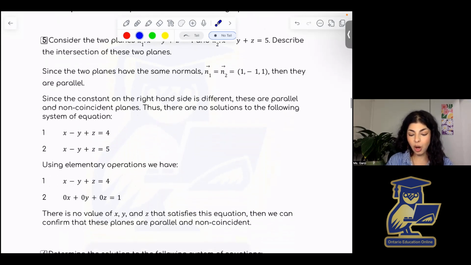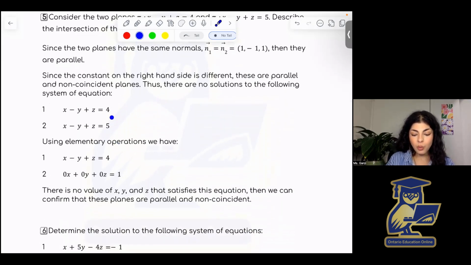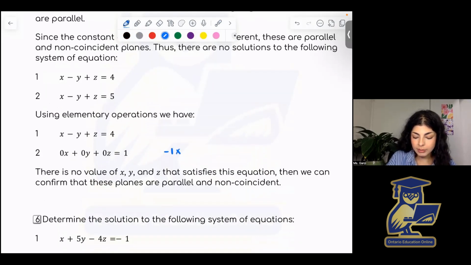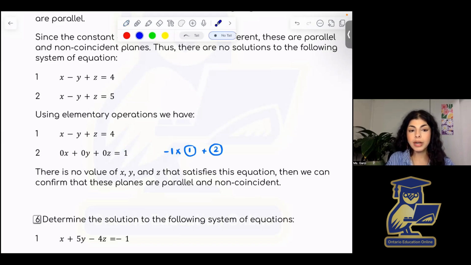And using elementary operations, what we would have done is -1 times equation 1 plus equation 2, and we get 0x plus 0y plus 0z is equal to 1, but there are no solutions there. So there is no solution to the system of equations. So these are parallel planes and they are non-coincident.